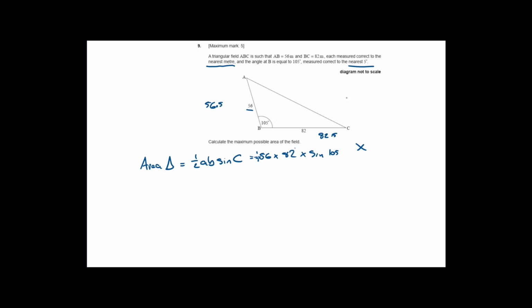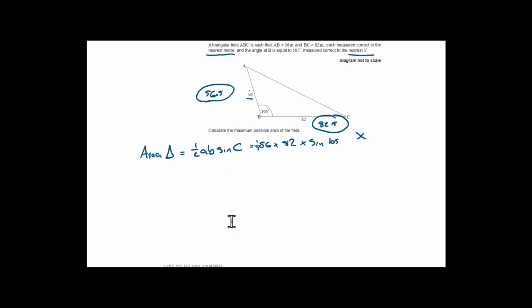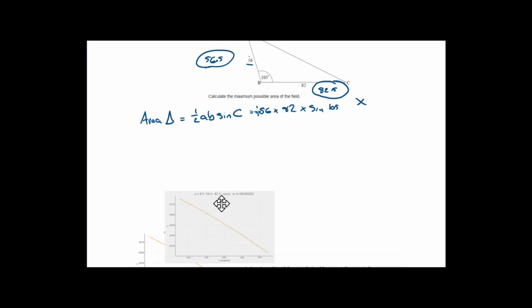And there's going to be a problem here, because we know that we're going to maximize the area when we have the highest possible value of 56, so we're going to use that, and we're going to use that, but we don't know, because it's going to be sine of 105, whether we use the lower number or the higher number. One way of doing that is to have a look at how it looks.